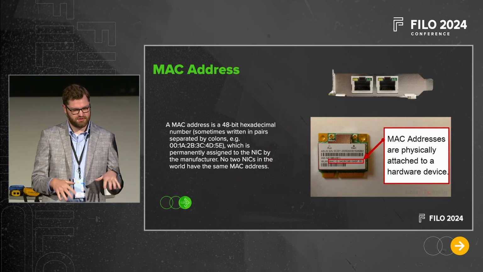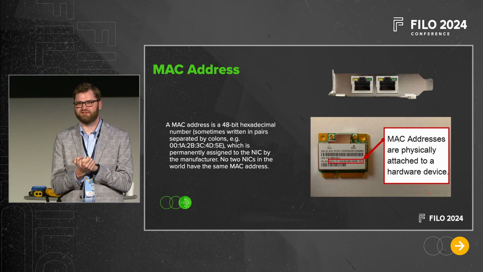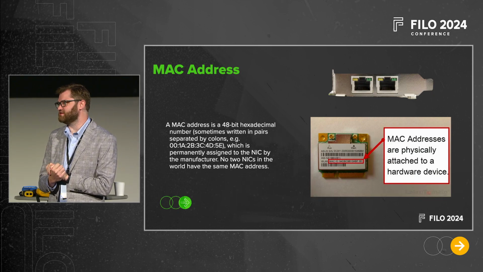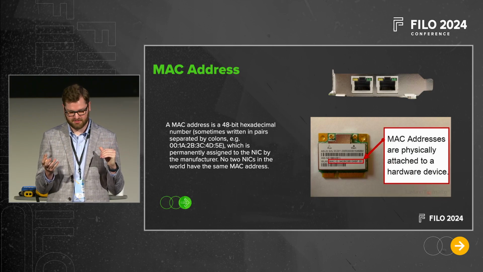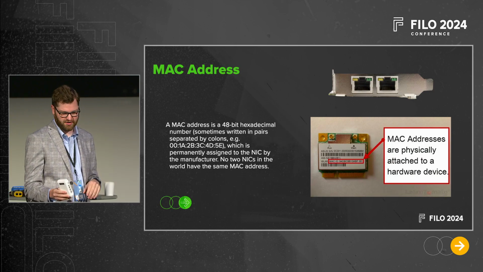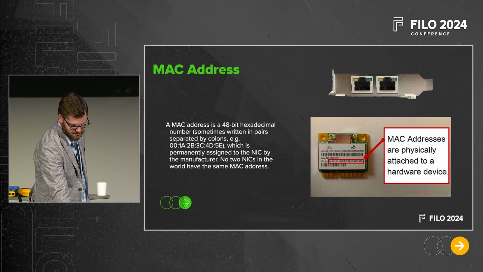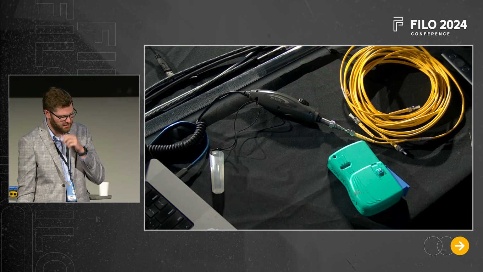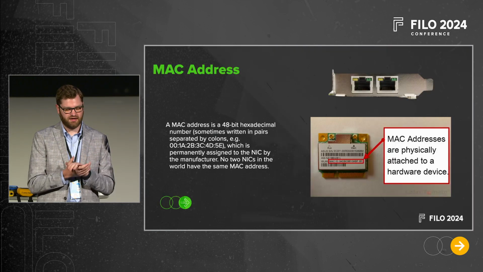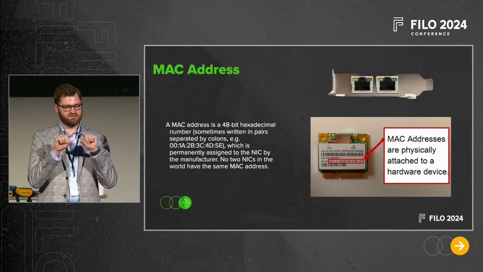Starting at layer 2, that's where devices have a MAC address. A MAC address is physically burned in and unique to every single device that you buy. You'll see a MAC address, like on this little Wi-Fi router I have here. If you look at the sticker on it, it'll show you the MAC address. The MAC address is just a unique identifier that's burned in, and it's a 48-bit hexadecimal number.